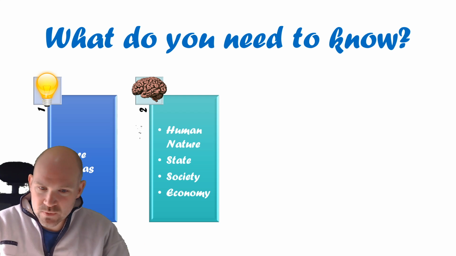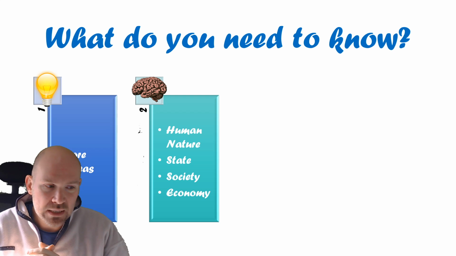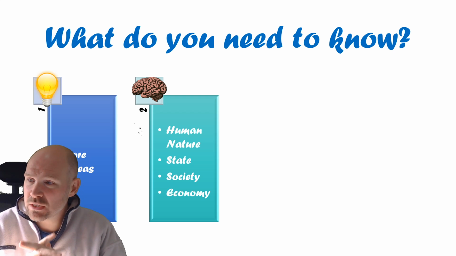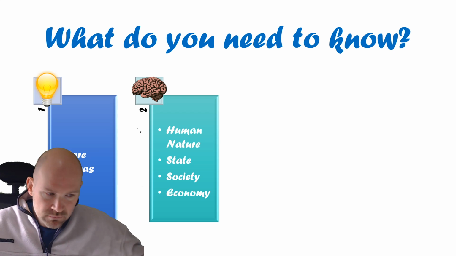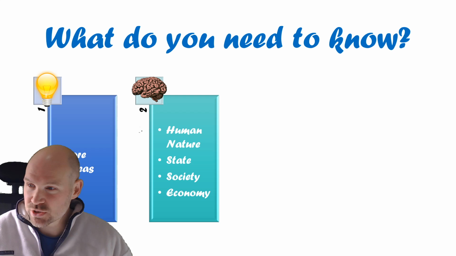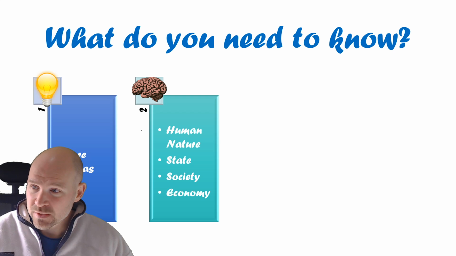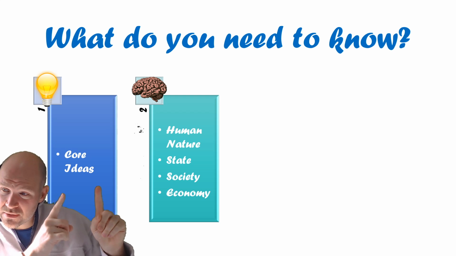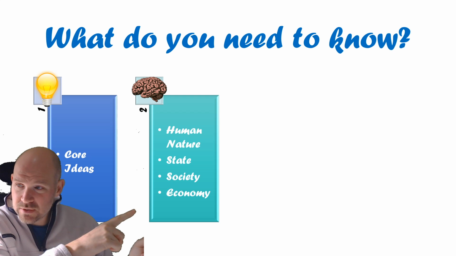Society: how should we interact with one another? What should the relationships between us be like? And of course the economy, which is things, money, capitalism, privatization, nationalization, that kind of thing. And of course the core ideas will very much link to the economy.